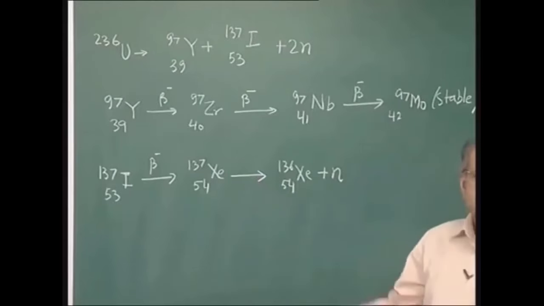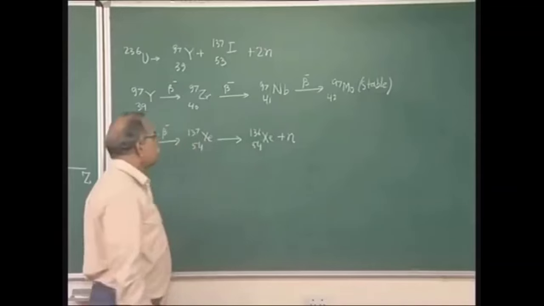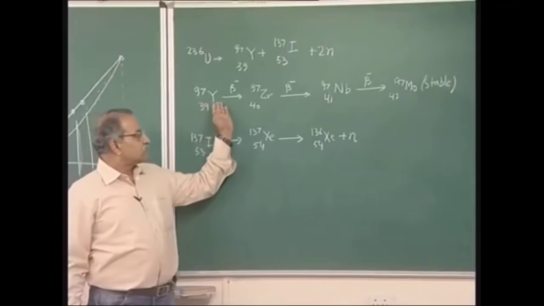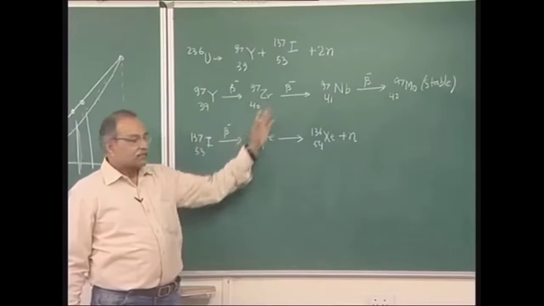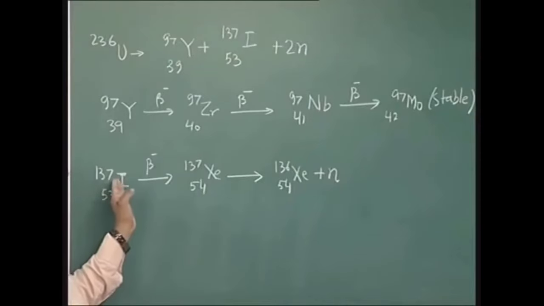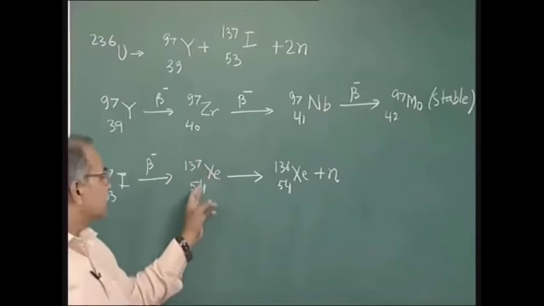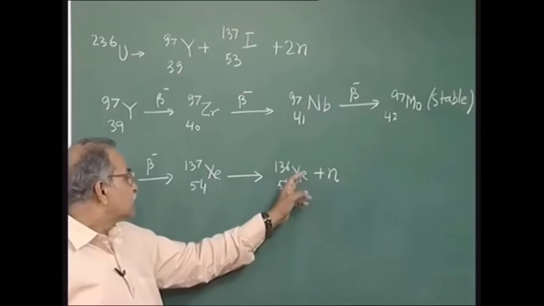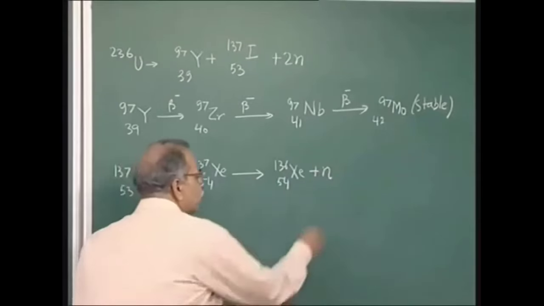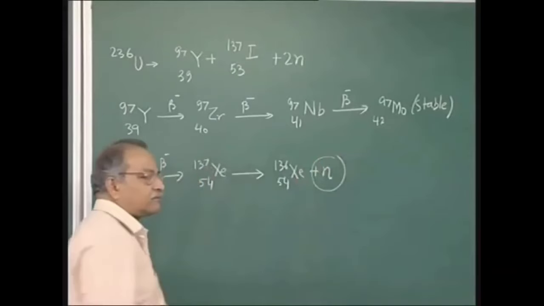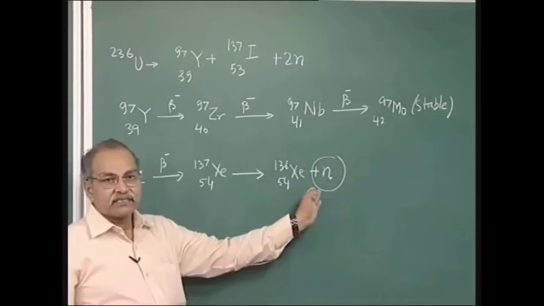This last part is not a beta decay. And of course, this is stable. So, the others are a regular chain of 1, 2, 3 beta decays going to stable, but for this iodine, first it decays to xenon 137, and that xenon 137 goes to xenon 136 and a neutron. So, again you have gotten a neutron here. You had 2 neutrons here and then a third neutron is coming here.